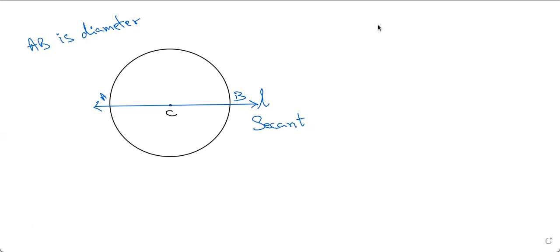Okay. Now, let us put some more points to make things a little bit easy. So we have a secant, and so we have 2 arcs, arc AXB and arc AYB. Can you tell me which arc is bigger, which arc is smaller, which is major, which is minor?